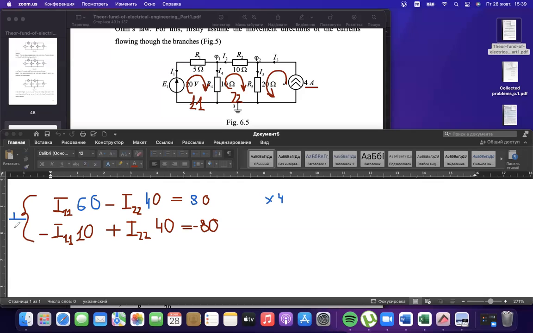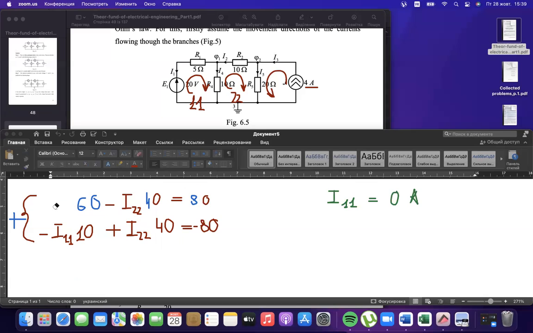Then add both of these equations. 40 plus 40, 80 plus 80 with minus equals 0. 40 and 40 with different signs also equals 0. And we obtain that 50 I11 equals 0. It means that current I11 equals 0 amperes.